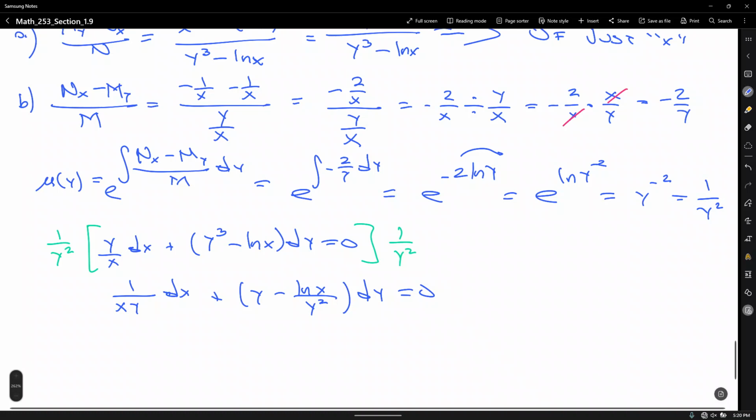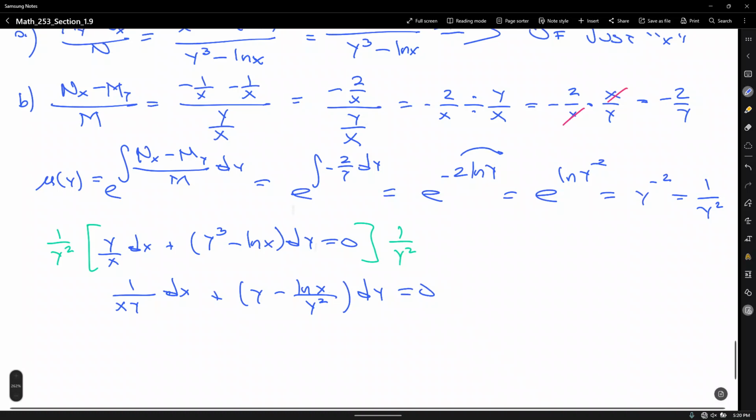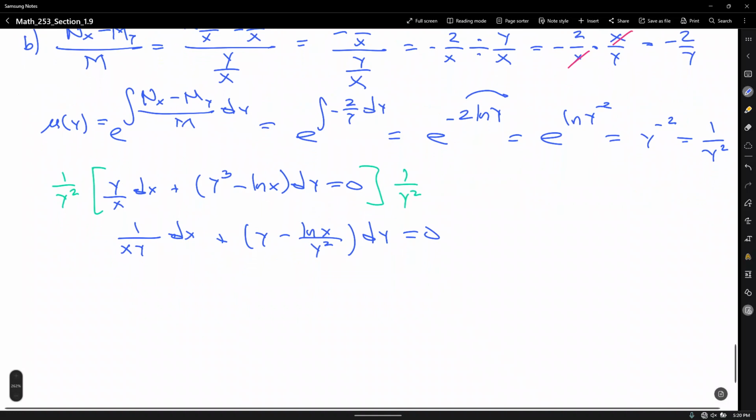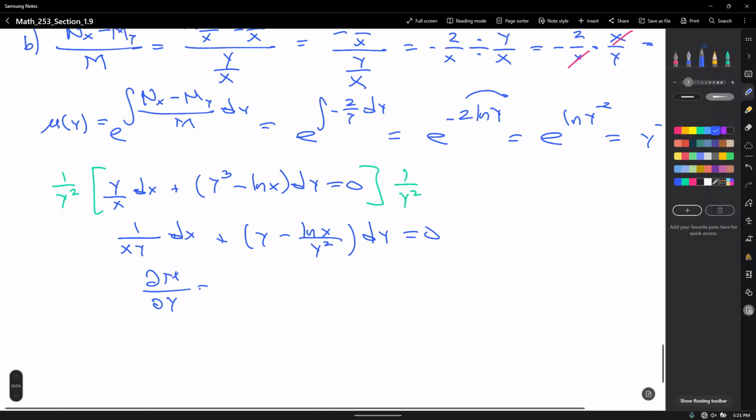And yes, we need to check again before solving the equation. We cannot just go ahead and solve it. We still need to check. So what's the partial of m with respect to x in this case? Or wait, with respect to y. I can't differentiate with respect to y right away. So actually let me rewrite this guy right here.